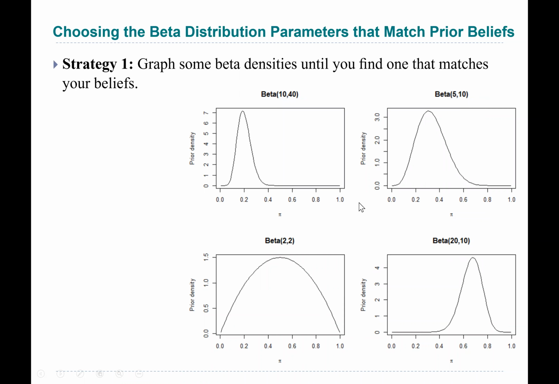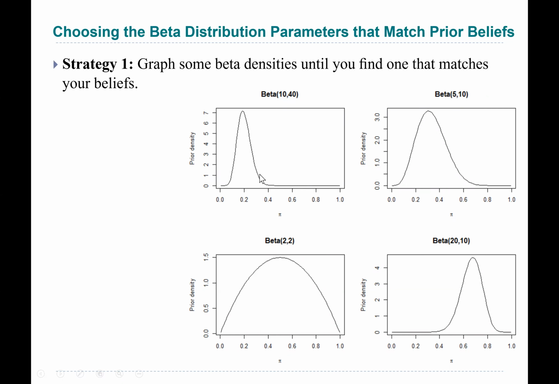Which one matches your belief? When you look at this one, it looks like you give higher likelihood to values about 0.2, and almost 0 to anything greater than 0.4. It looks like you believe the proportion of students who quit school after raising the tuition by 20% is no way to be greater than 40%.